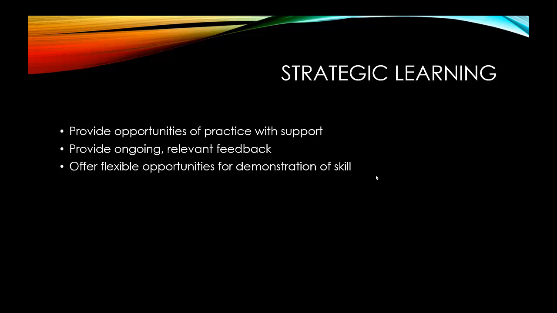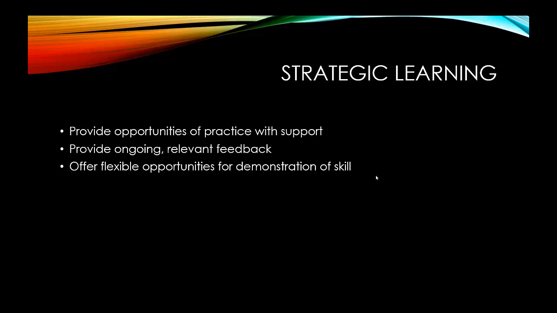We need to provide them ongoing relevant feedback, and this is where formative assessment comes in handy, where we're constantly watching and observing and helping and coaching them through their processing as they learn how to strategically plan and solve problems. But it's also a good time for them to do self-reflection as they work through the problem.